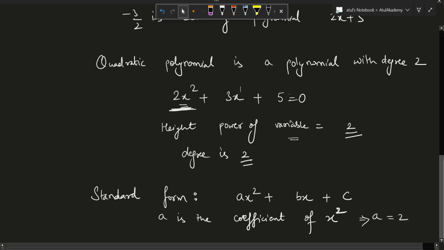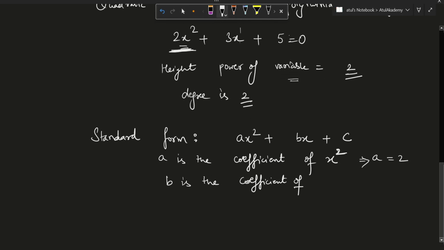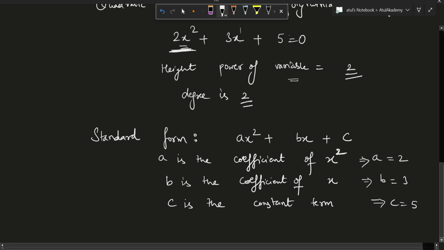Now let's move on to b. b is the coefficient of x. What is the coefficient of x over there? So b is 3. Then c is the constant term. So what is c over here? That is 5.